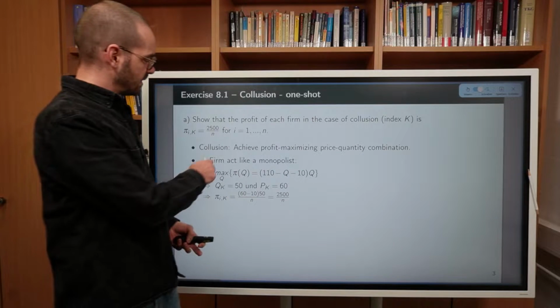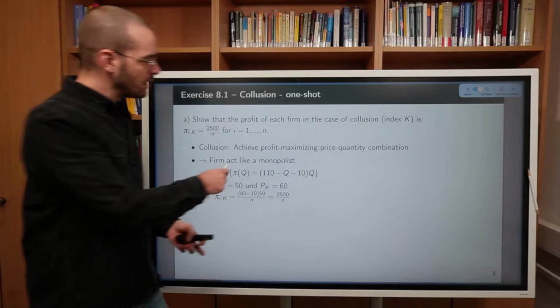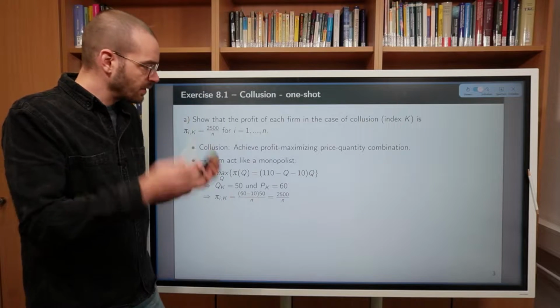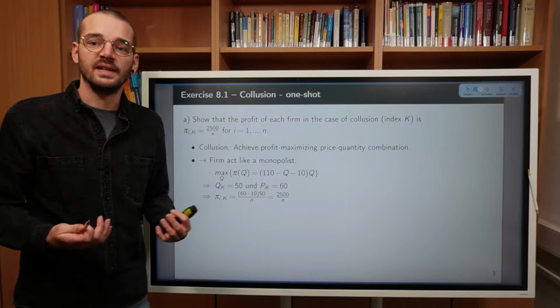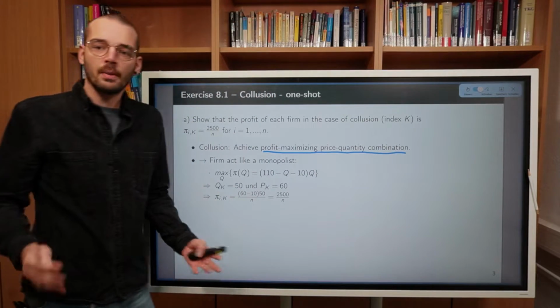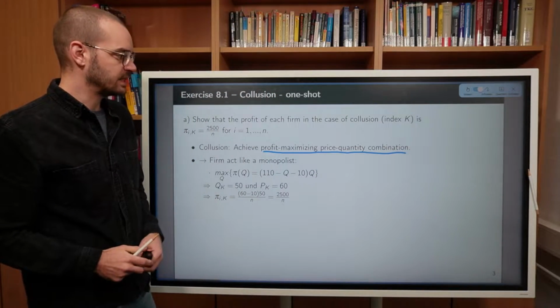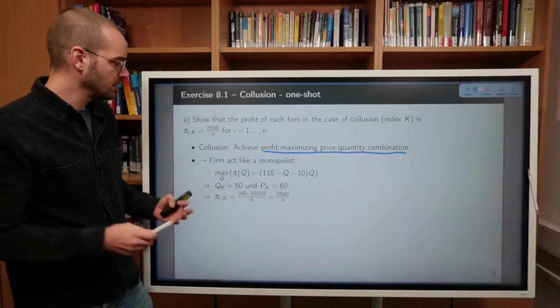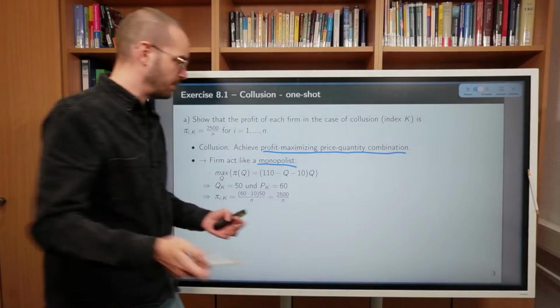Or in other words, under collusion, we achieve the profit maximizing price-quantity combination. And that, of course, is the result of a monopolist in the market. So firms act like a monopolist.